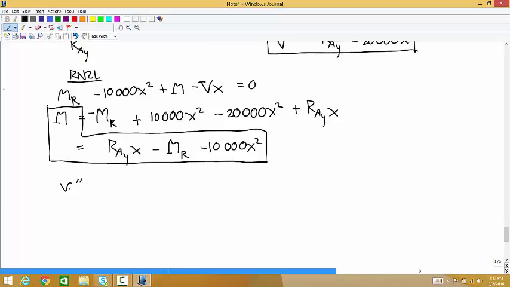Okay, so the second derivative of the deflection is equal to 1 over EI times R-A-Y-X minus M-R minus 10,000 X squared.